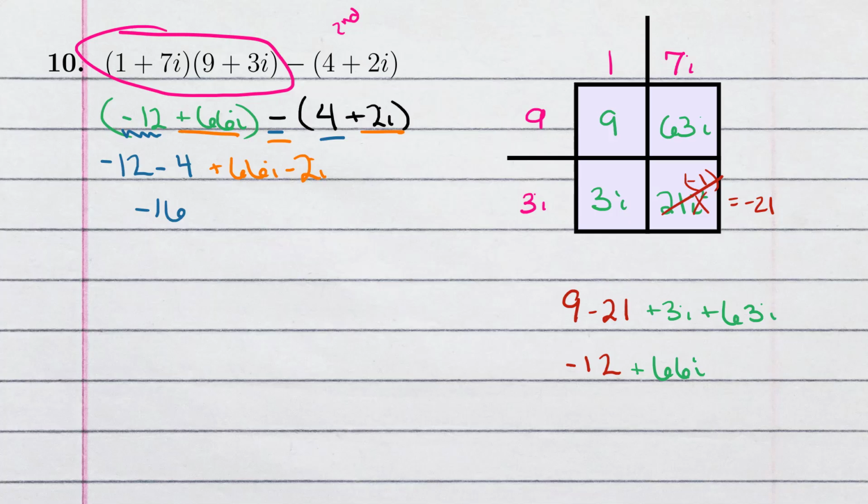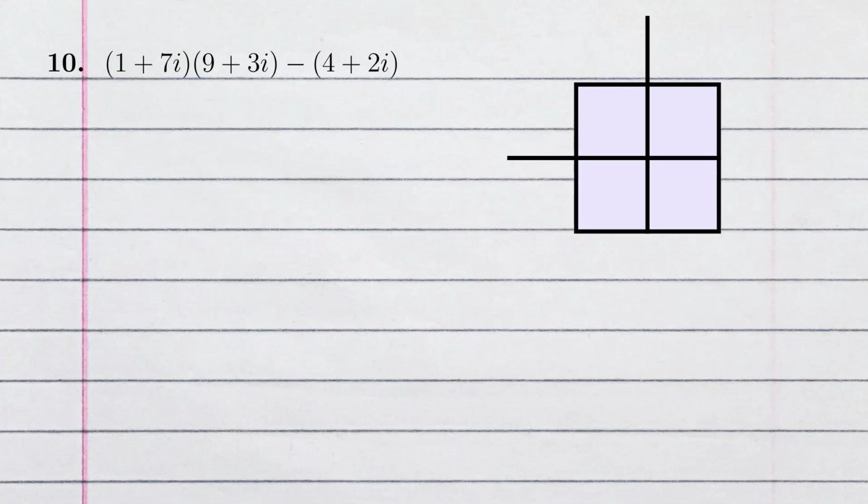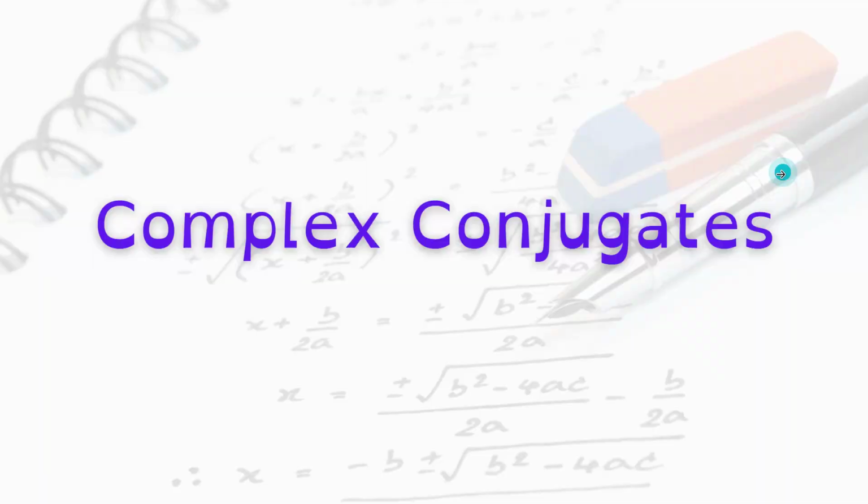And then on our imaginary portion, we'd have positive 66 minus 2, which gives us a positive 64i. And we are done. So now let's look at the next step, which is complex conjugates.